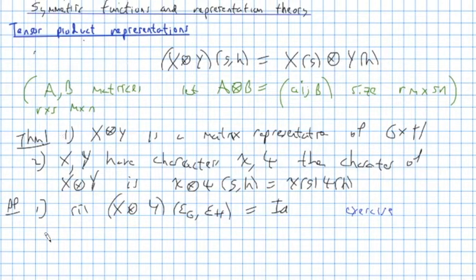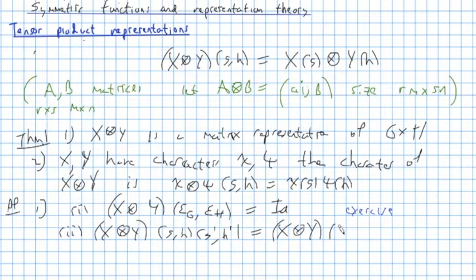Let's check the second property, that it works well with multiplication. So say we apply it to the product GH times G prime H prime. The way the multiplication works is coordinate-wise.